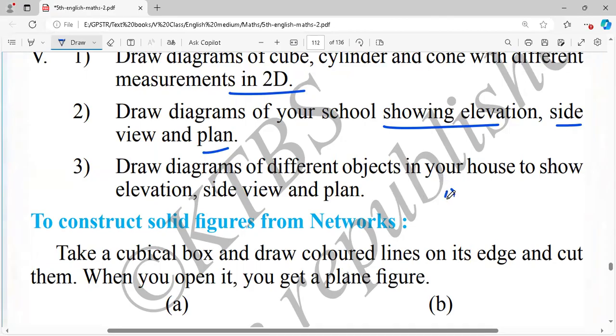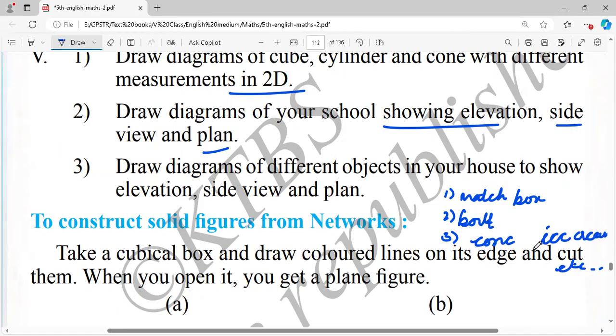I am giving some examples. You can try this. Matchbox, ball, ice cream cone, etc. Your choice.